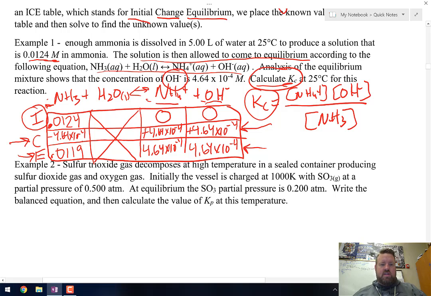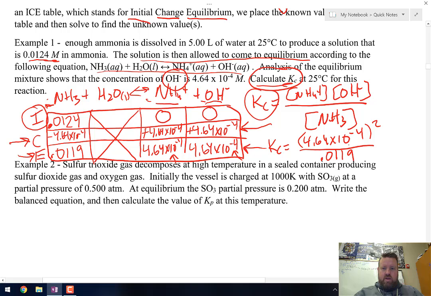0.0119, let's say. Okay, oh, and hey, what do you know? Now we have our equilibrium values. Now we can plug those numbers into the equation, and we can get our answer. So Kc is going to equal the concentration of NH4 plus times the concentration of OH minus. Since they're the same, I'm just going to write 4.64 times 10 to the minus fourth squared over 0.0119.